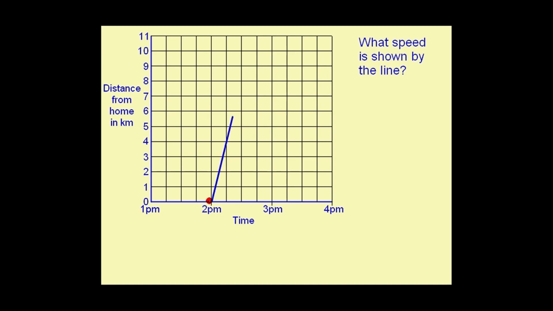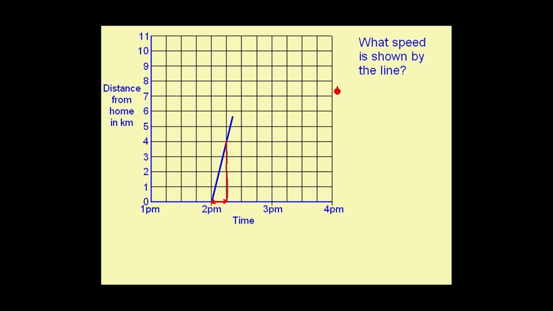For this one, I don't want to try and use the whole line because it ends here in the middle of a square and it's difficult to tell what time that is. So what I need to do is find a convenient point. That would be here where it crosses over the corners of a square. So using this point, I can see that in one square, which is 15 minutes, it's travelled 4 kilometres.